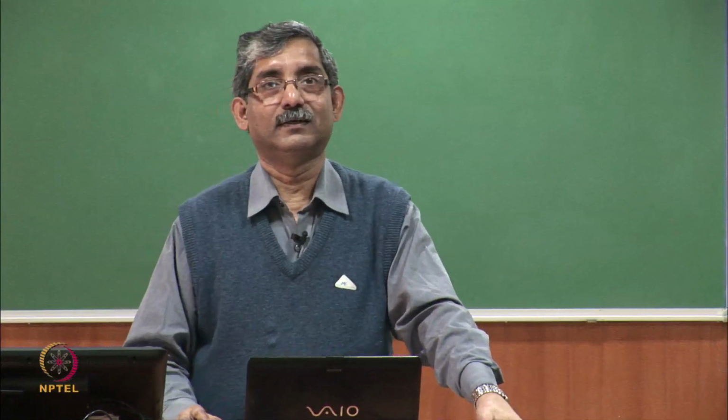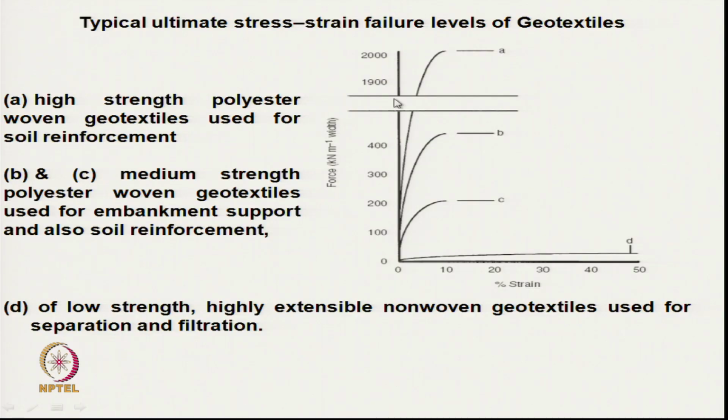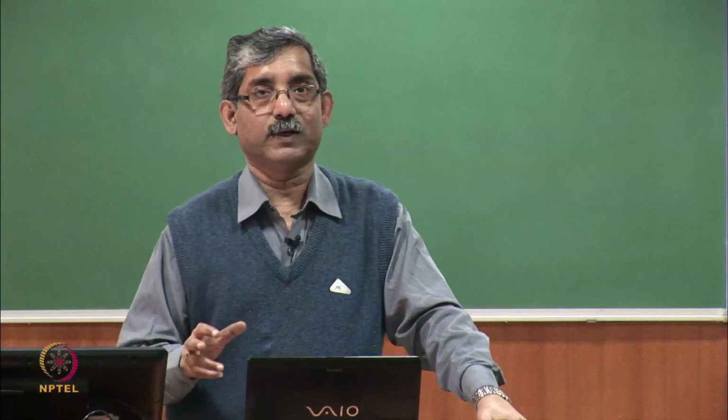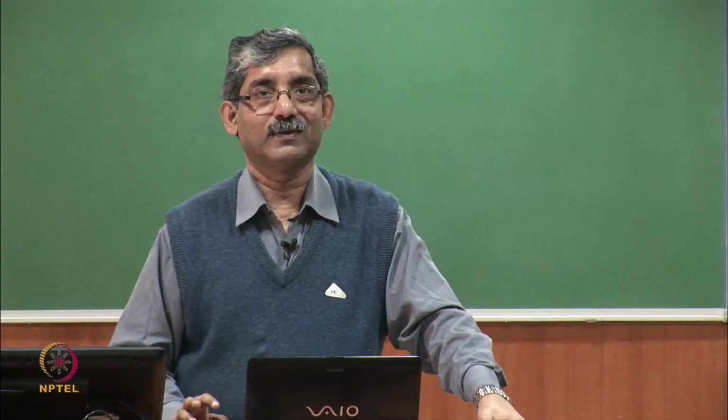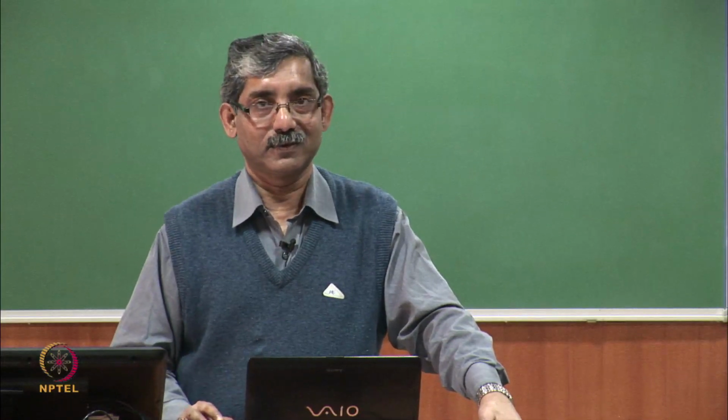Like for example, in this curve A, high strength polyester woven geotextiles are used for reinforcement. So, in applications where we need reinforcement, we know the stress condition, we know the application.